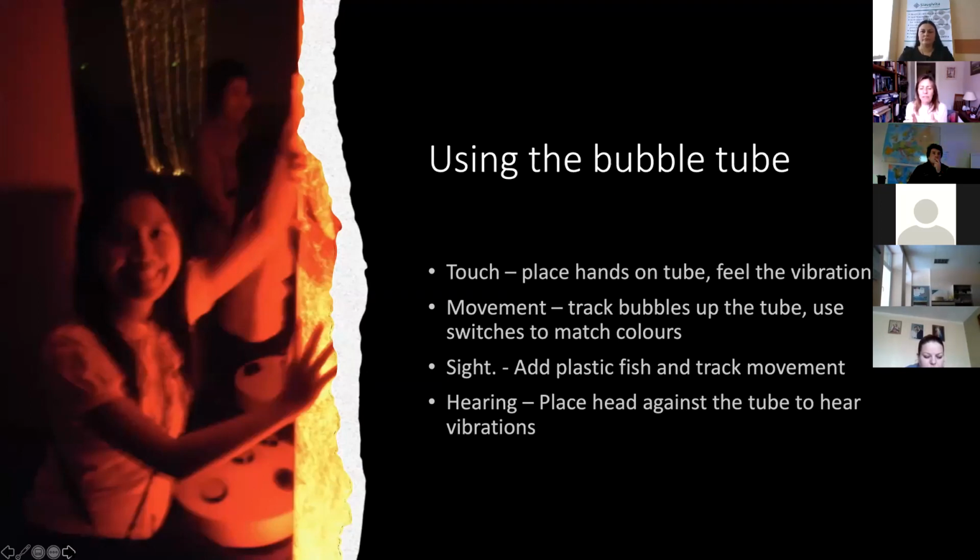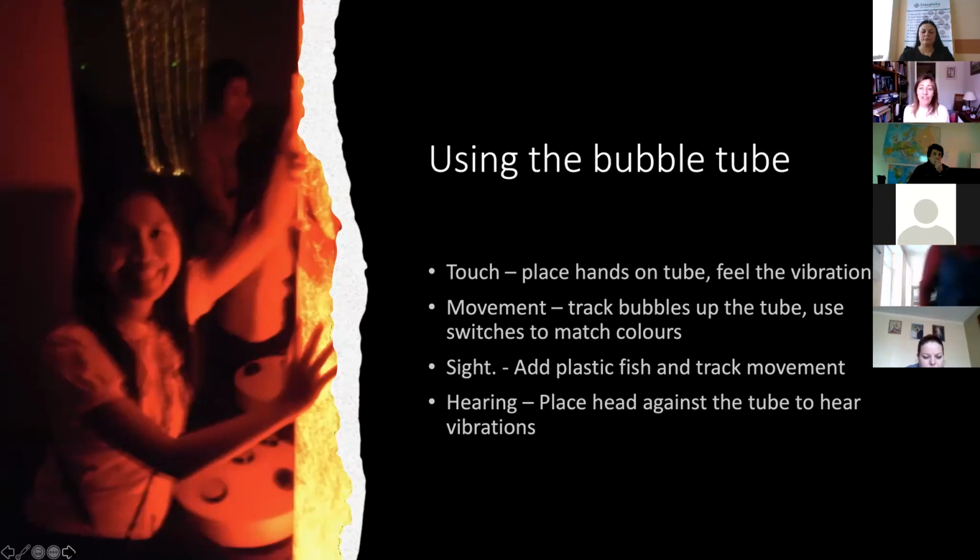Vibrations they can feel. Possibly get them to track the bubbles up and down the bubble tube and following it. You might even want to put plastic fish in your bubble tube and get the children to spot the fish, either by pointing at it, and that's stimulating that random proprioceptive movement. That also stimulates sight.